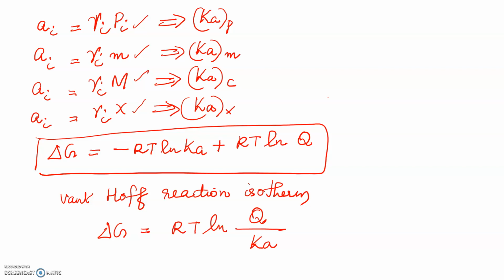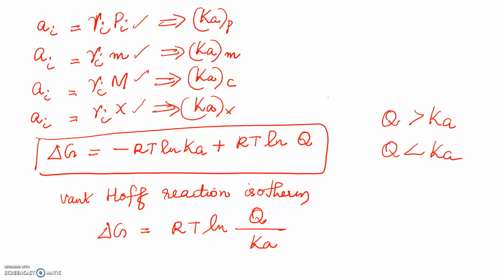So, what happens if Q is greater than K? If Q is greater than Ka, then delta G will be positive, and the reaction will not be spontaneous. What if Q is less than Ka?